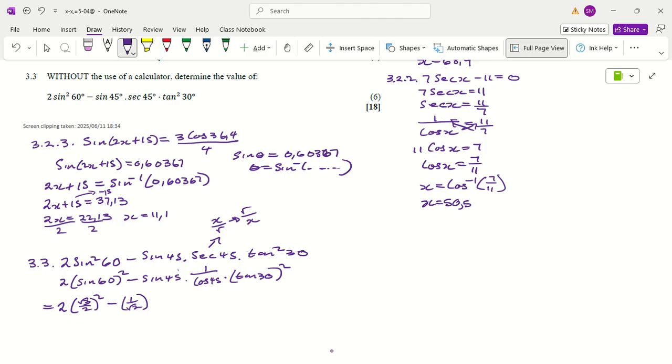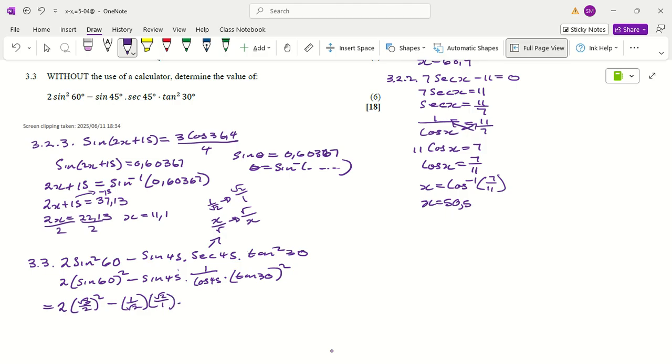minus sine 45 is 1 over root 2, and then because we have the reciprocal of cos, cos would be what? Would be 1 over root 2, but now this would change to root 2 over 1.